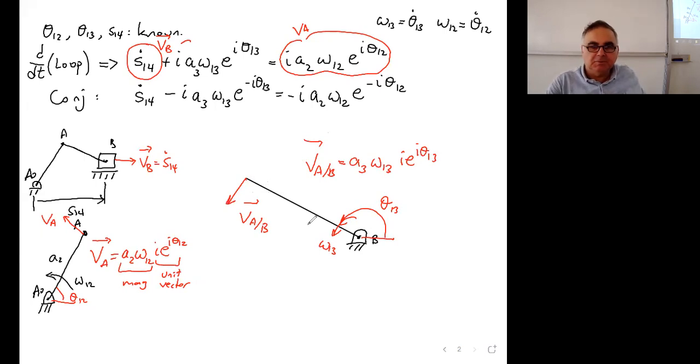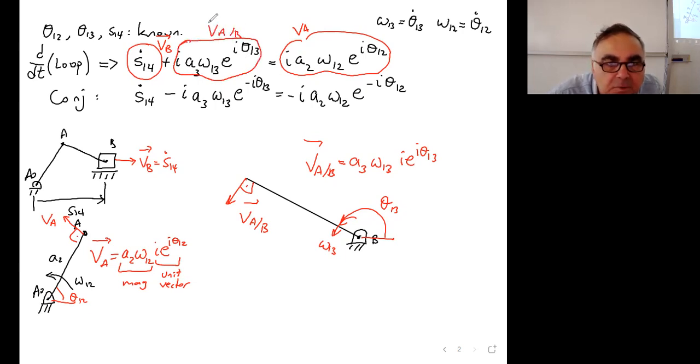Okay. Sorry about this. And this is perpendicular. This is also perpendicular. And this will be VA relative to B. Okay, there is a physical interpretation. VB plus VA relative to B is equal to VA. Okay.